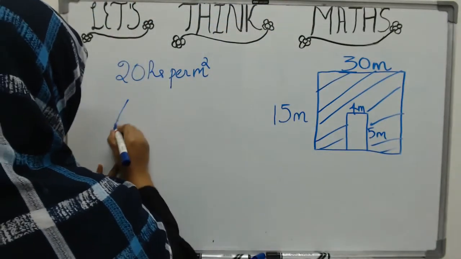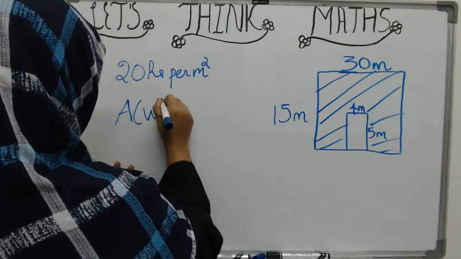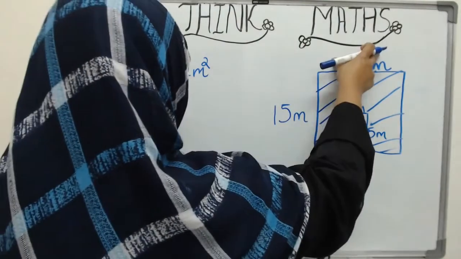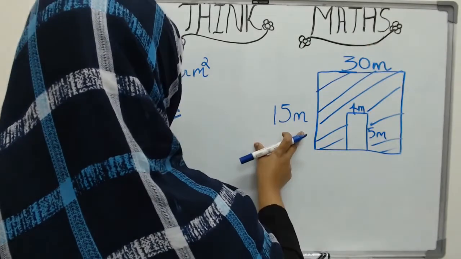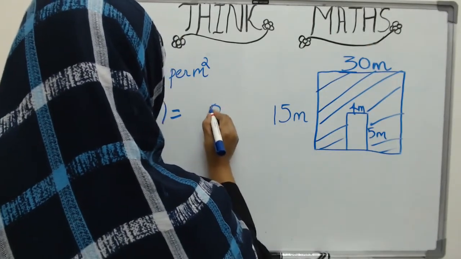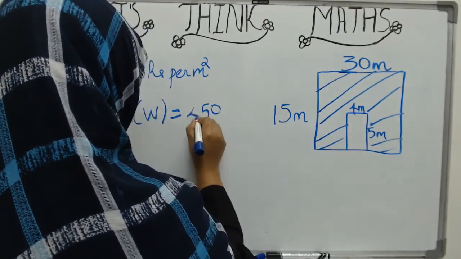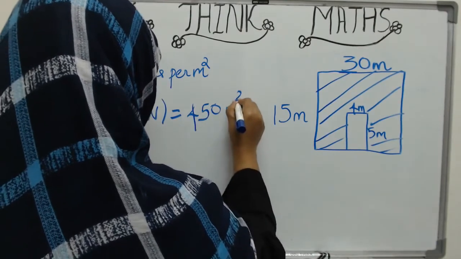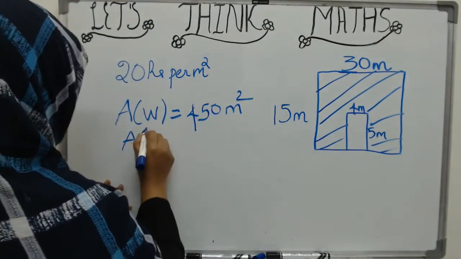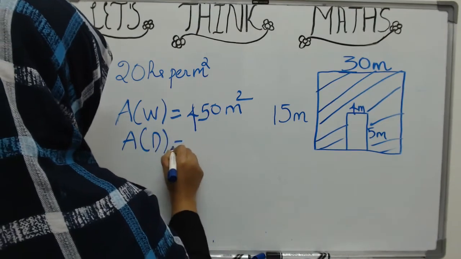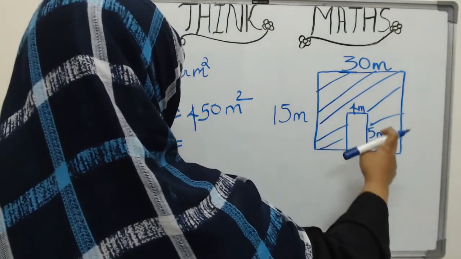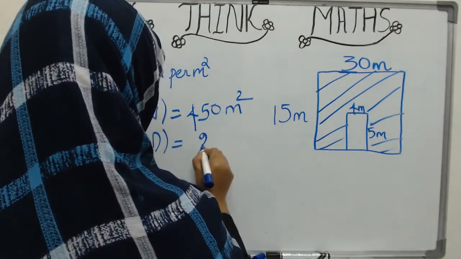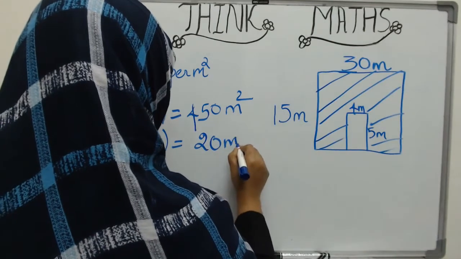So the area of the wall will be how much? 30 meters into 15 meters, that would be 450 meter square. And what will be the area of the door? 4 meters into 5 meters, which is 20 meter square.